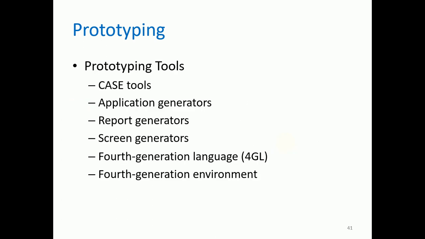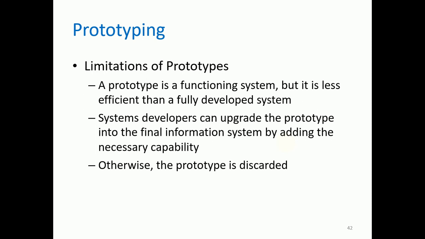Prototyping tools: we have CASE tools, application generators, report generators, screen generators, fourth generation language or 4GL, and fourth generation environment. So, the limitations of prototypes. A prototype is a functioning system, but it is less efficient than a fully developed system.